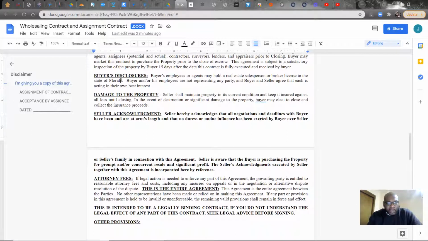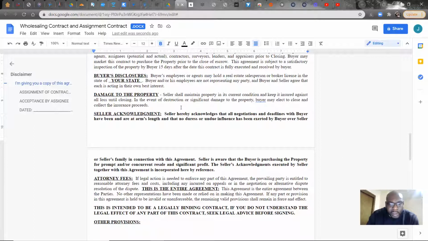This is one that I made for Florida, so I'll just change this right now. There you go. Buyer and those employees are not represented by any party, and buyer and seller agree that each is acting in their own best interest.